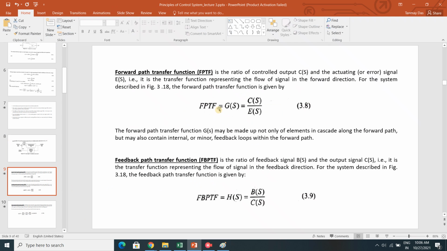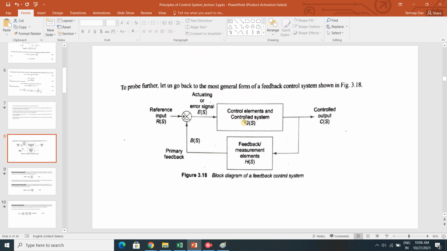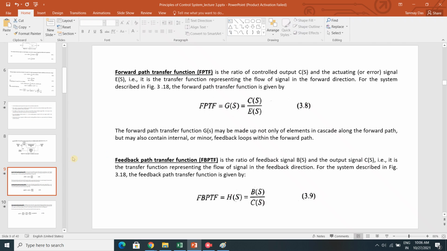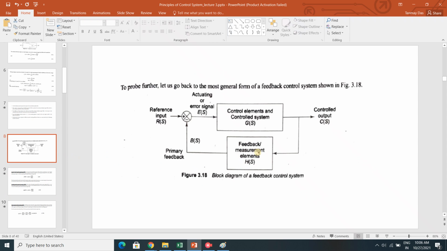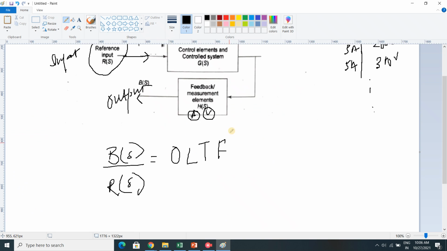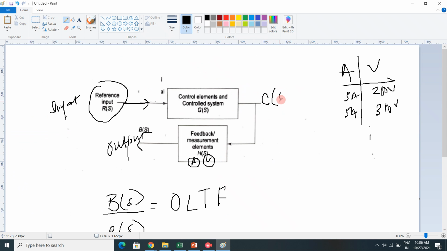Previously, in this slide, G(s) represented the forward path transfer function and H(s) represented the transfer function of the feedback. I can also write here C(s), because in our open loop transfer function, G(s) will become C(s) by R(s).